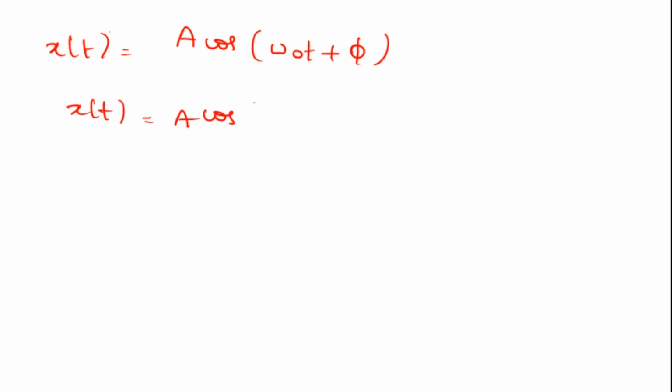Then x of t is equal to A into cos of omega naught t plus 5. The signal x of t is equal to A cos of omega naught t plus 5 is periodic with T is equal to 2 pi by omega naught.